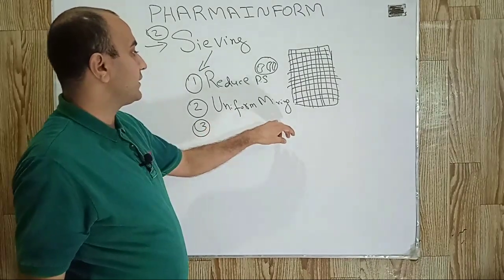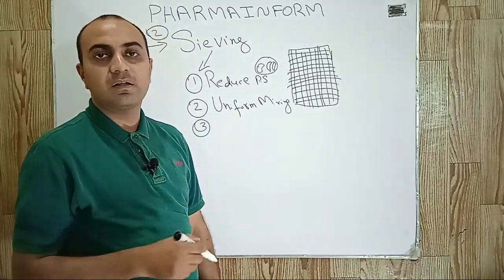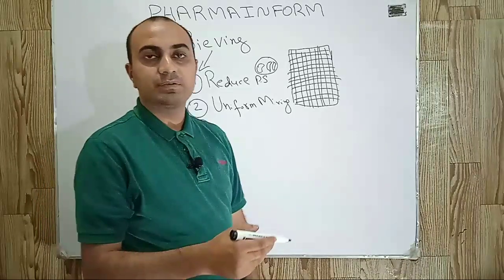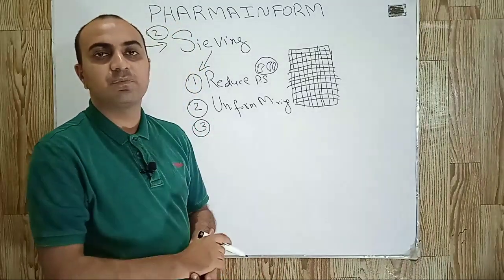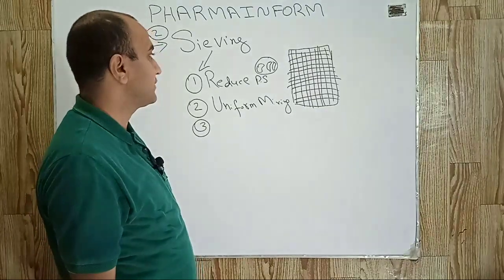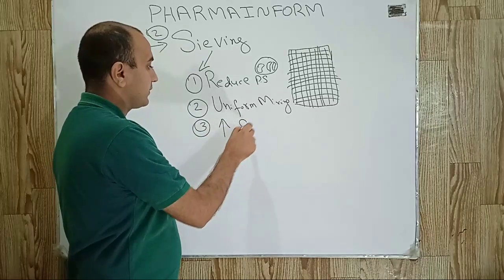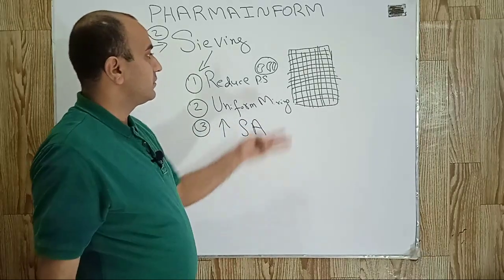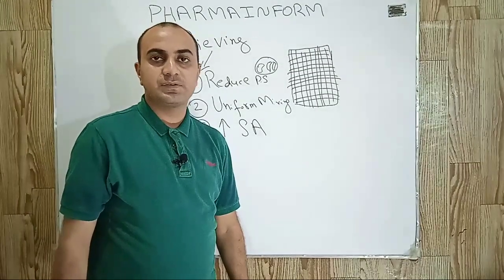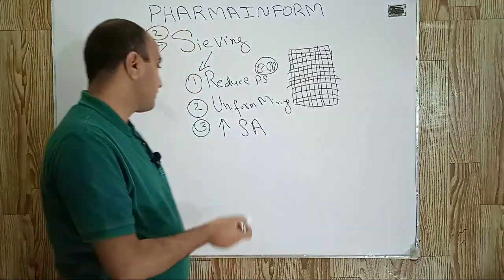And one more thing: when we use sieving, basically all the powders or excipients are of uniform size because we are using a specific mesh size or mesh number. The third purpose is increased surface area. As we discussed earlier, when we reduce particle size, surface area is increased.